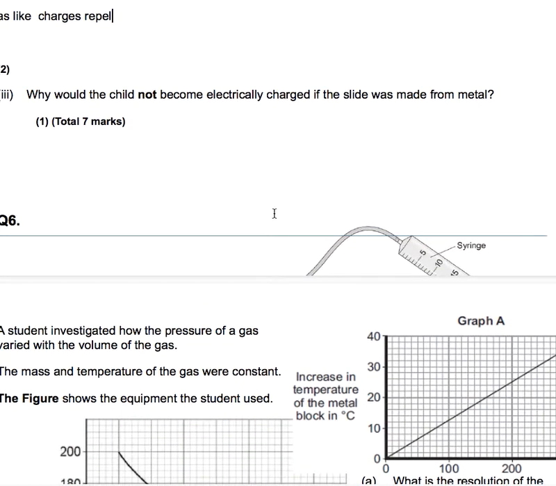Why would the child not become electrically charged if the slide was made of metal? Well, my thought is, I'll stick this in here. Metals are conductors. Charge would flow through it.